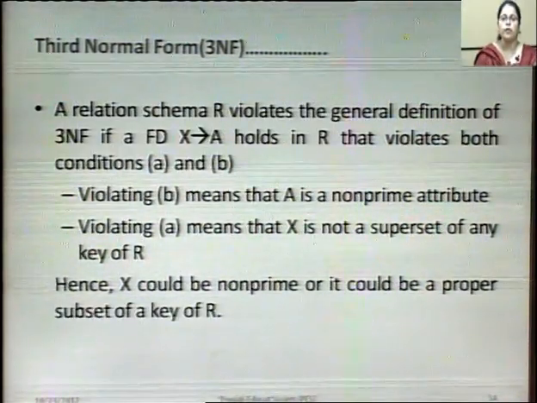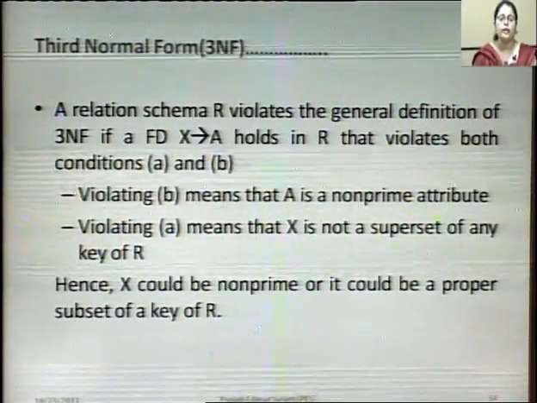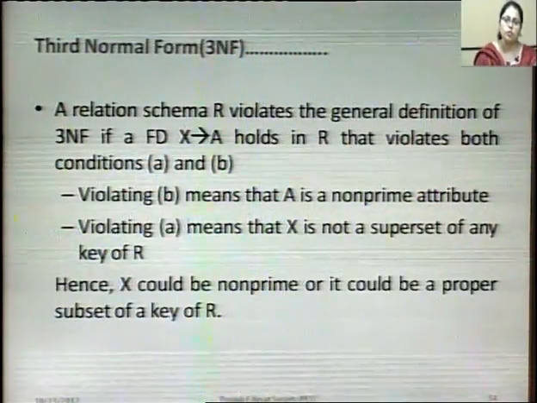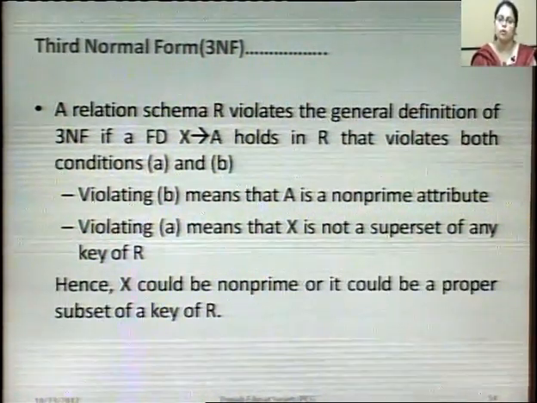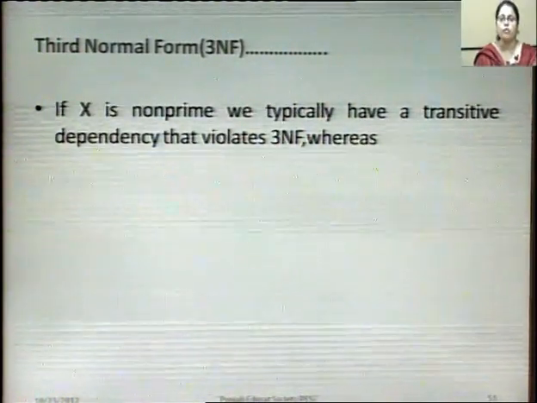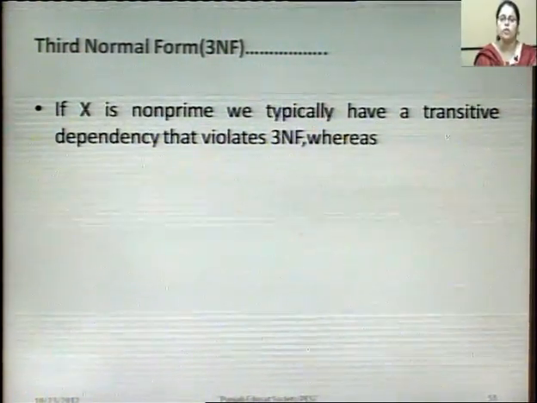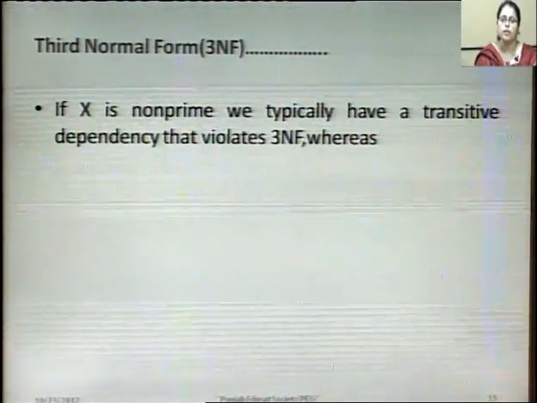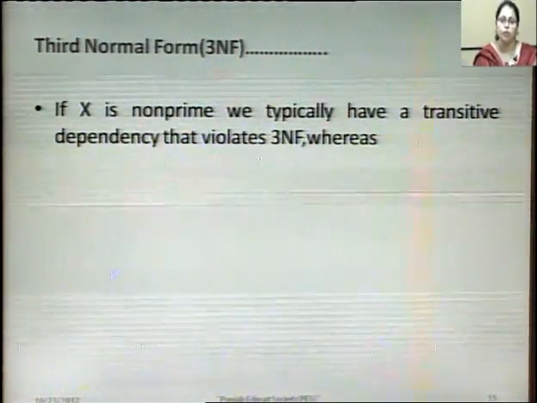Hence, if X is not a superkey of R, that means X could be a non-prime attribute or it could be a proper subset of the key of the relation. Now, if X is a non-prime attribute, then we typically have a transitive dependency that violates third normal form.